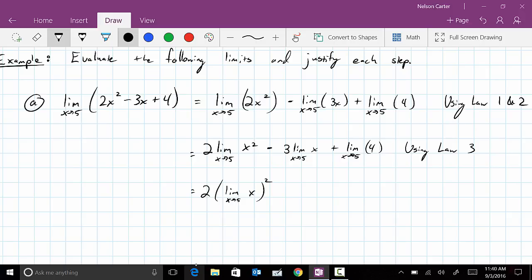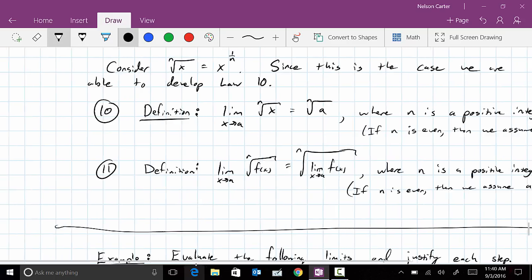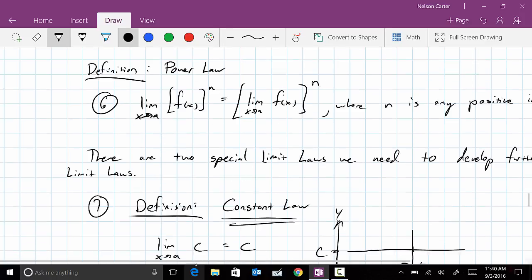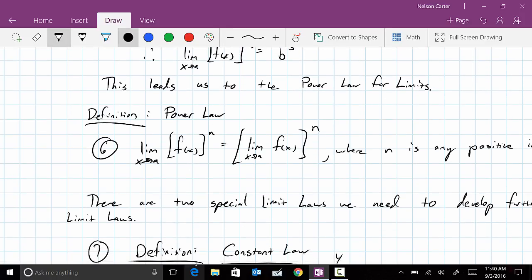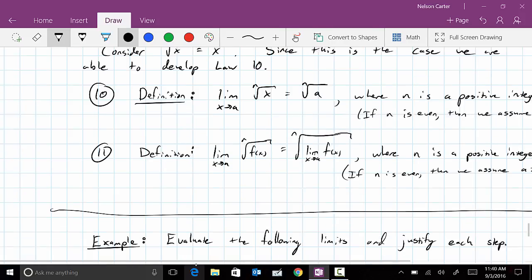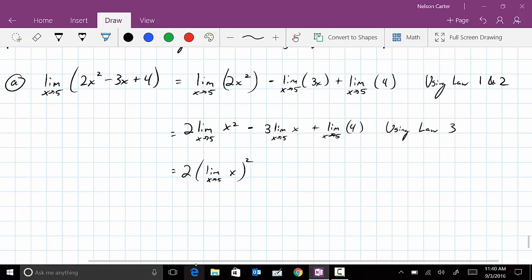And so here what I'm really doing is using law 6. Let me make sure that that's the right law. Pretty sure it's law 6. Yeah, that's really using law 6. In other words, I'm bringing the limit inside, and then I'm going to raise it to a power of 2. So that's what I'm doing. I'm using law 6.